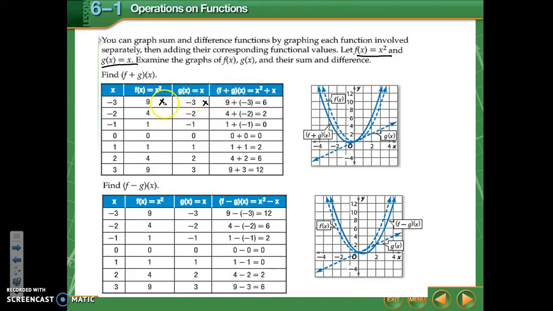So f plus g of x, I just add my y values together. 9 plus negative 3, which is 6. So my new point is now negative 3, positive 6 right here. And I would do the same thing for all of my y values. My x stays the same, and I just add my two y values together to get my new function, or I subtract my y values, which you can see down here in the second graph. So I'd encourage you to take a look at that a little and make sure you understand what's going on.